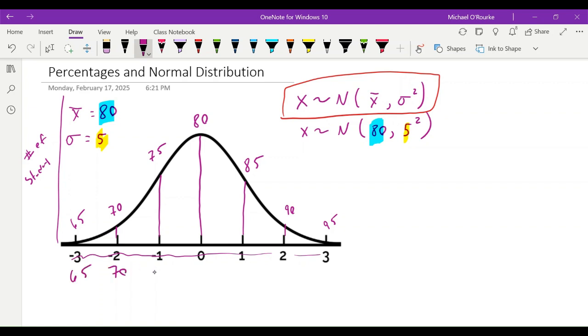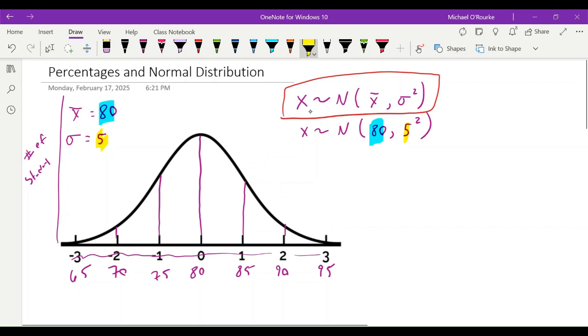This would be 65, 70, 75, 80, 85, 90, 95, which would show us very few people got 95 and 65. A lot of people got 80. Less people got 75 and 85, 70 and 90, same thing. Okay.